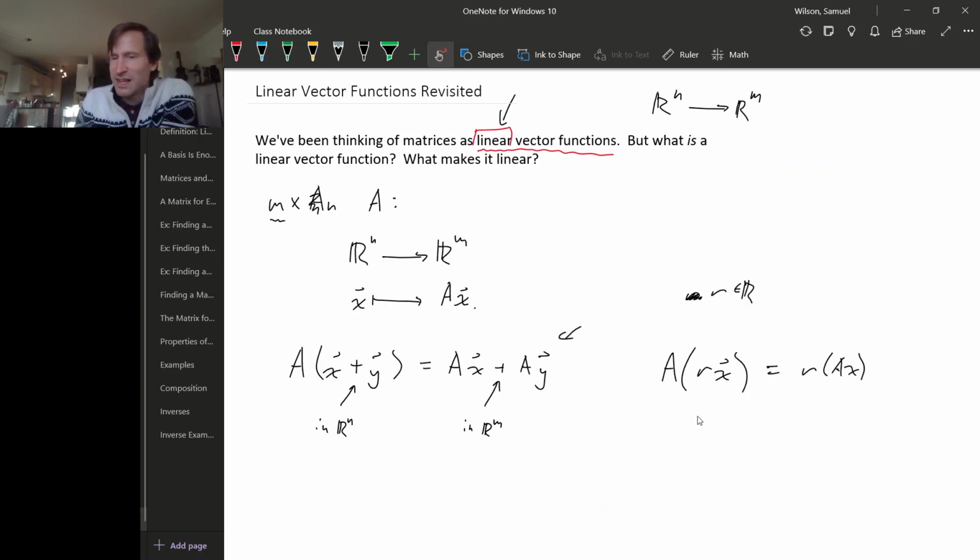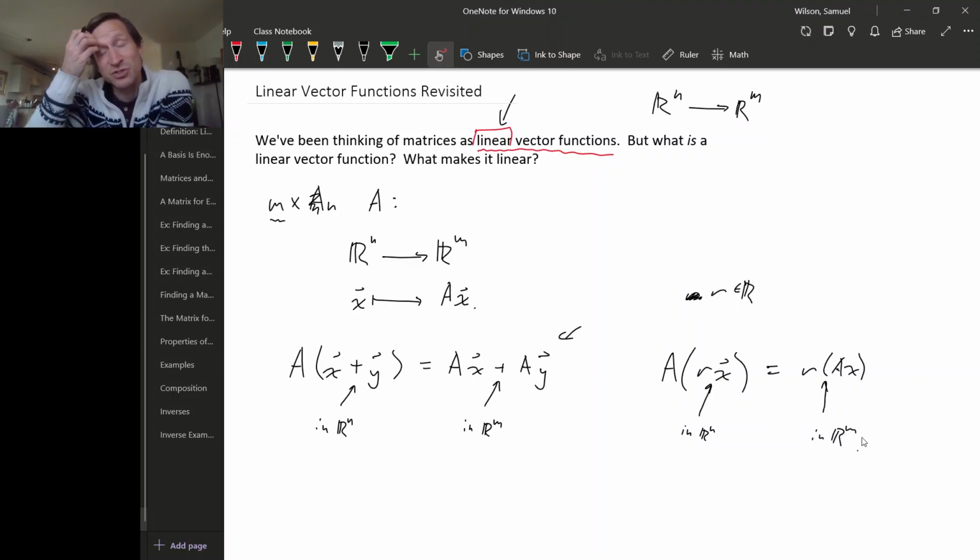And so you see that this multiplication on the left by our matrix A has turned scalar multiplication in Rn into scalar multiplication in Rm. And again, not every vector function would do this, so this is something that's special about matrix multiplication. And these are actually the properties that we will take to define a linear vector function.